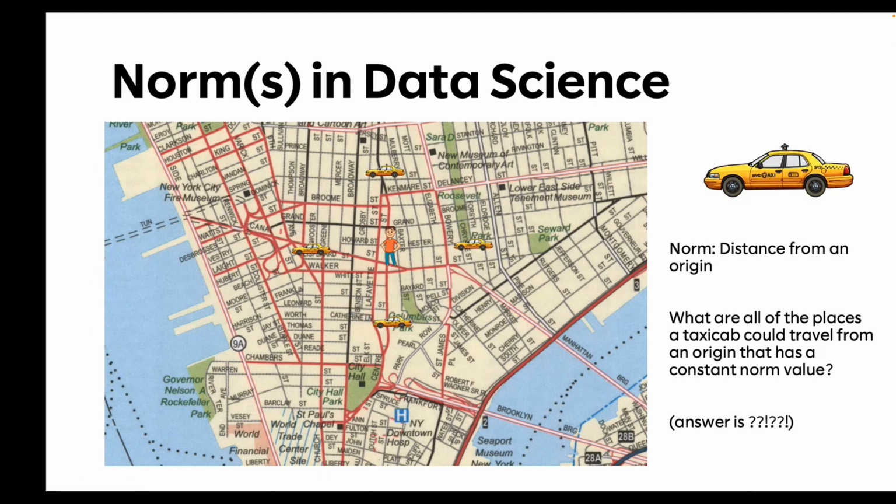If a taxi cab could drive a quarter of a mile in every direction, what shape does that actually trace out? I'll give you a hint. It's not a circle. So obviously, you can guess in the chat as well. I can't really see the chat right now, but feel free to throw some answers in if you want to guess.